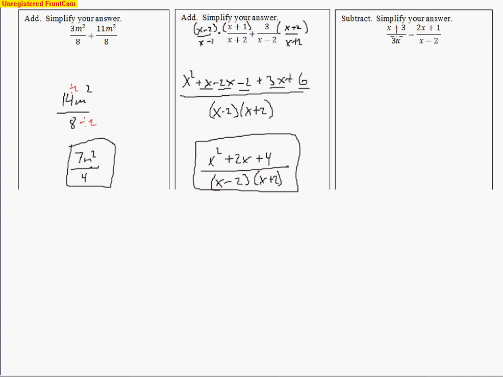So on this next one, it's a subtraction problem. And so with subtraction, make sure that you add the opposite before you do anything else. So both of these terms have to switch sign. So they both switch sign there. Now I'll go ahead and come up with that common denominator. So I see that this side needs an x minus 2, and this side needs a 3x. So I'll go ahead and use the FOIL method once more.